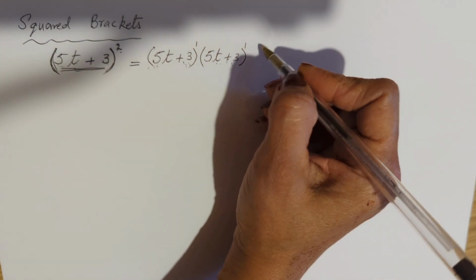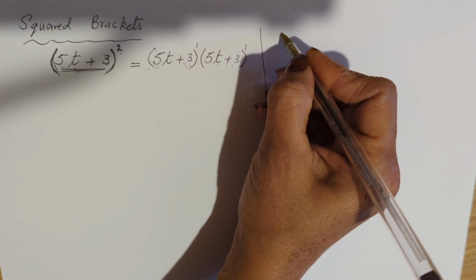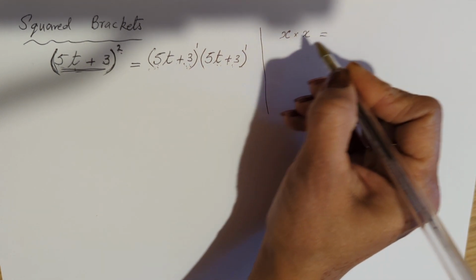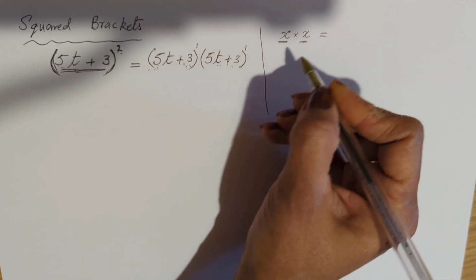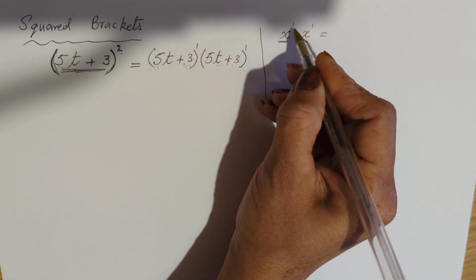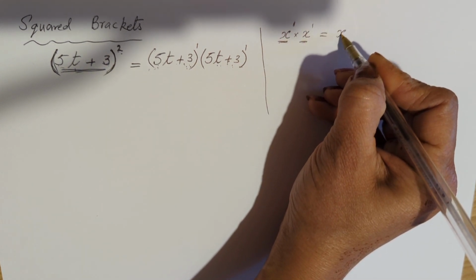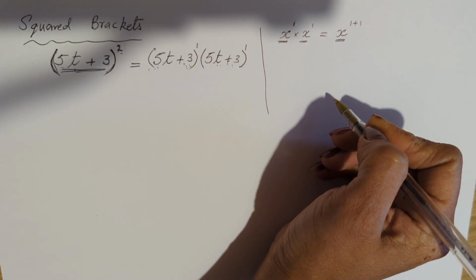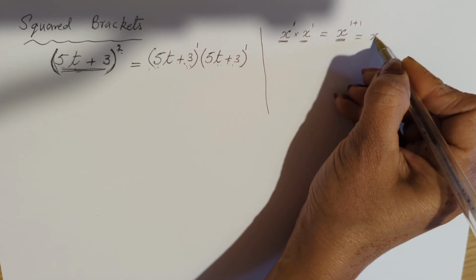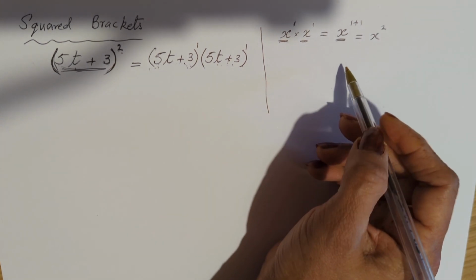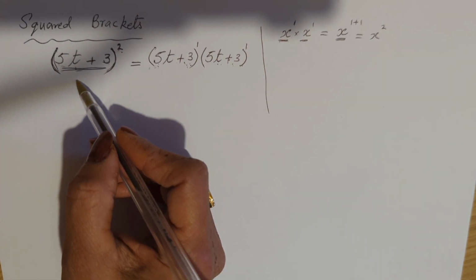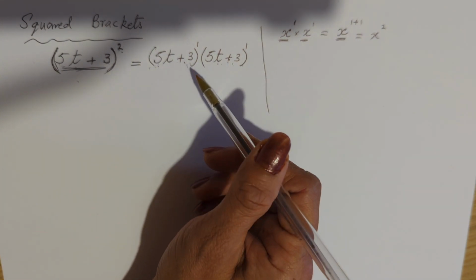You know this rule of mathematics that if x is multiplying by x, the base is the same, which is x, so we can add their powers and it will become x power 2. This rule of algebra will be applied here, and then we can simplify.